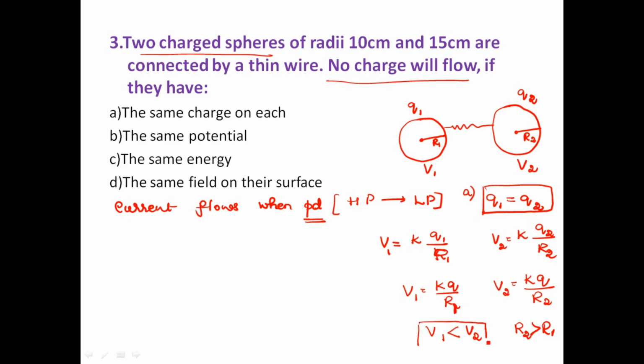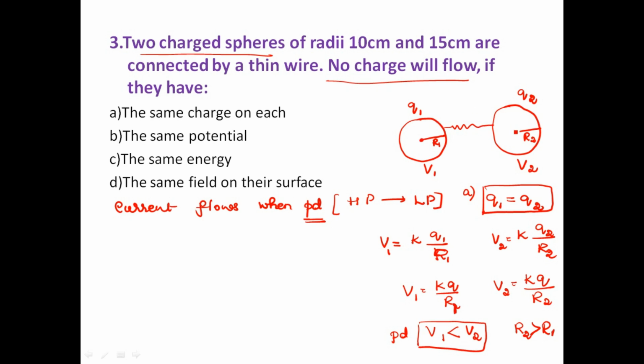Since there is a potential difference, V1 is at lower potential and V2 is at higher potential. That makes the charge flow from one sphere to the other. Even though the charges on each sphere are the same, they can flow from one sphere to the other.